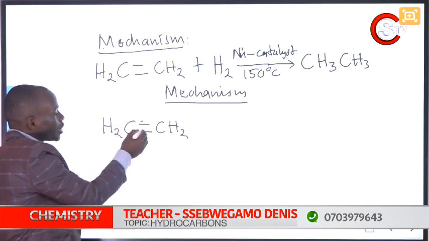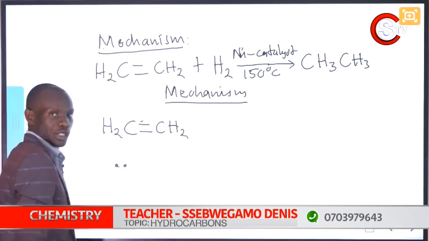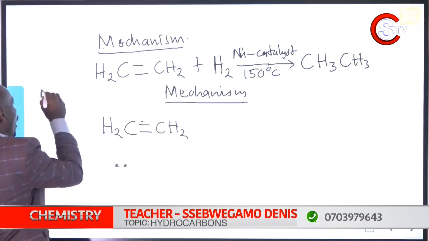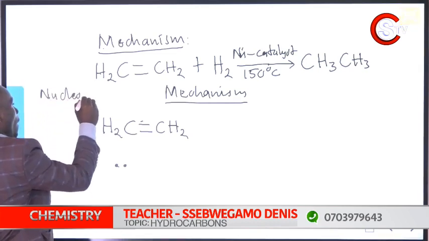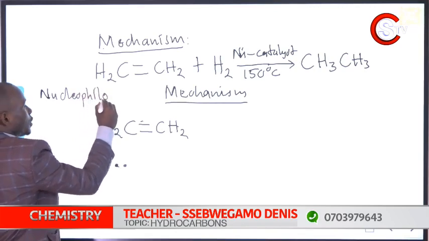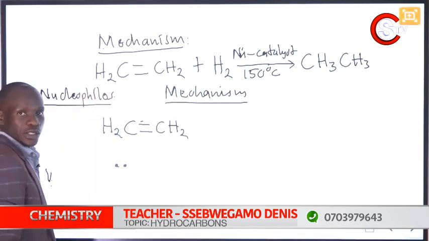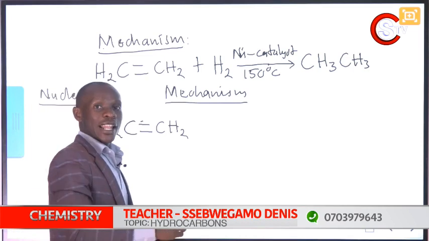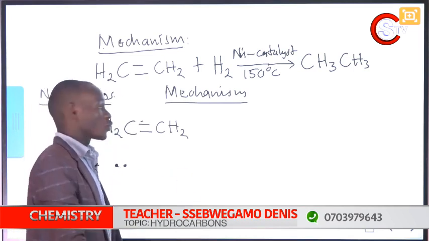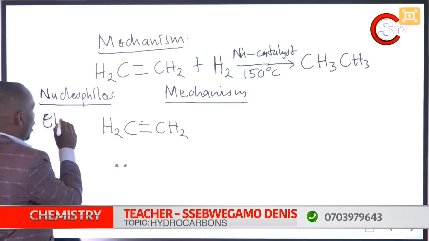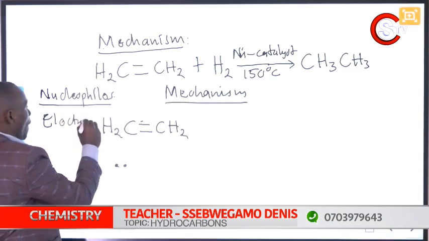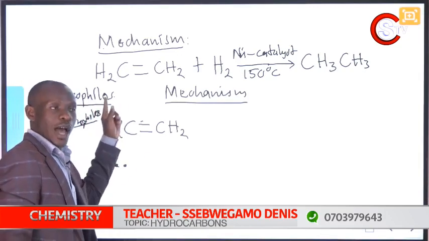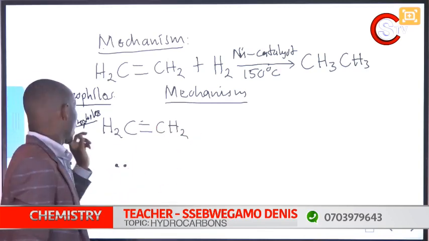And because the alkenes have a double bond, they are electron rich. Electron rich chemical species are known as nucleophiles. Then the electron deficient, or those that have less electrons, the opposite, are electrophiles.